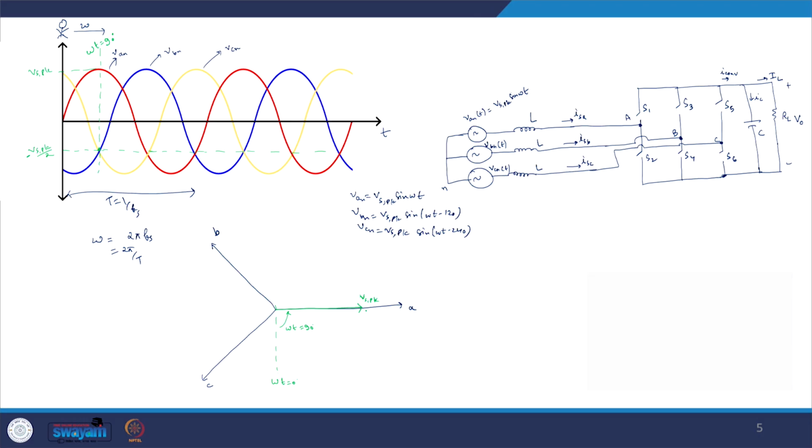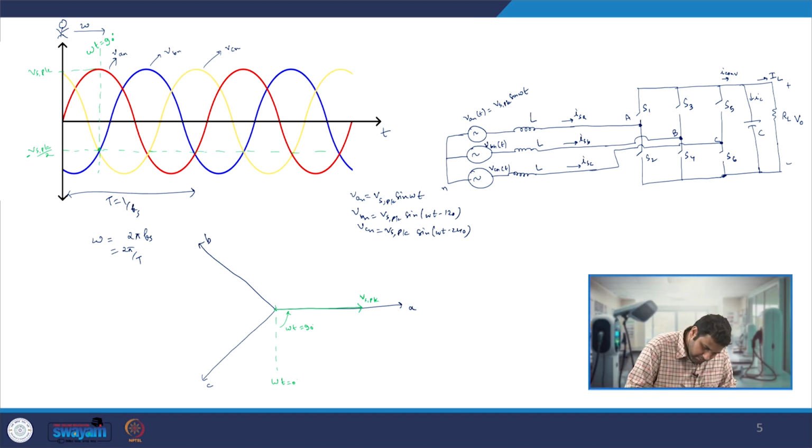So, from the A phase you have applied the maximum value of Vs peak, and from the B phase and the C phase you are applying minus Vs peak by 2.